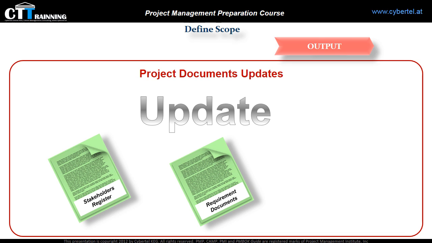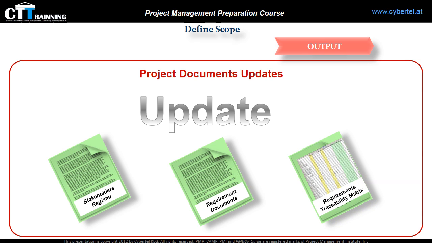Requirements documentation: you may identify items that need to be changed, or you may come across assumptions or constraints that are no longer valid, or you may identify a new one. Requirements traceability matrix: you may find some requirements are not available at the moment. Here also you have to update the requirements traceability matrix.